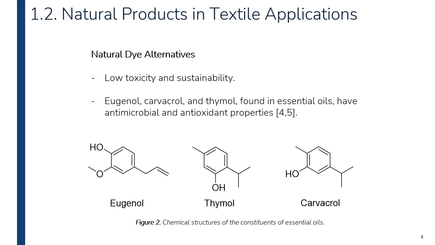Azo dyes represent the largest class of dyes used in the textile industry due to their vivid colors, chemical versatility, and stability. Although these natural compounds have been widely studied in recent years, such as in pharmacology, medicine, and food preservation, research focused on their application in textiles remains non-existent or very limited, particularly in the case of carvacrol and thymol.